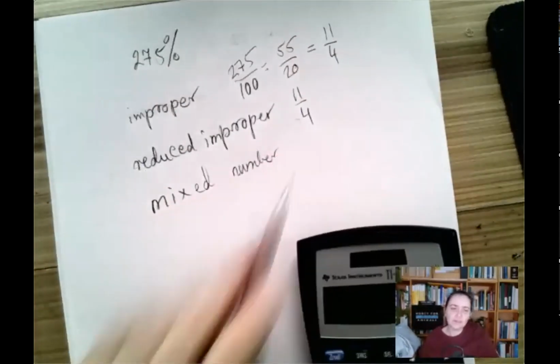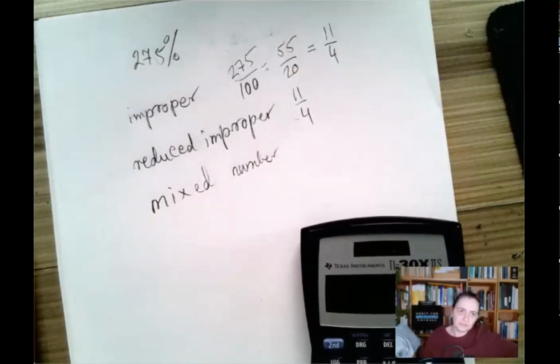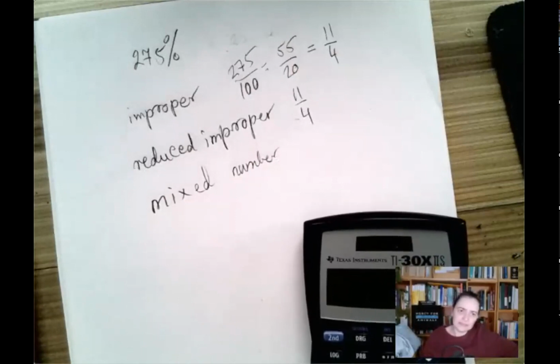And then what mixed number can we make out of this? Eleven over 4 as a mixed number.